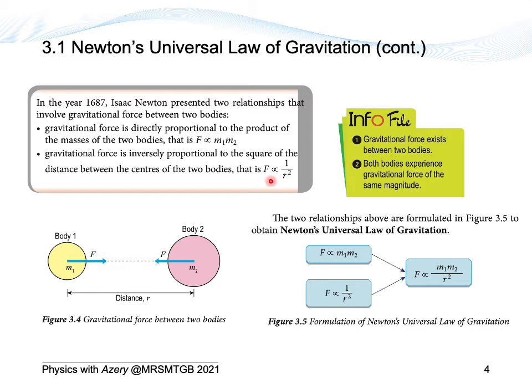That is, F is inversely proportional to r squared. This gravitational force exists between two bodies, and both bodies experience the same magnitude of force. From these two relationships, when we combine them, we get F is directly proportional to m1 times m2 over r squared.